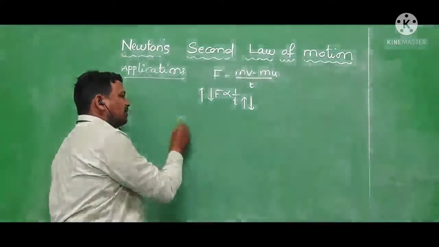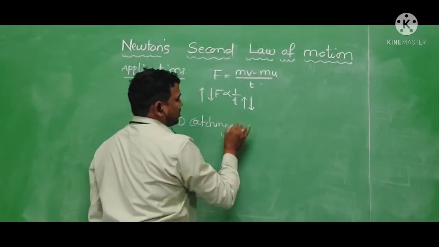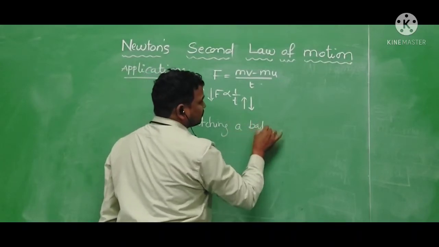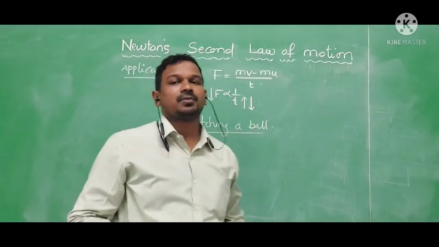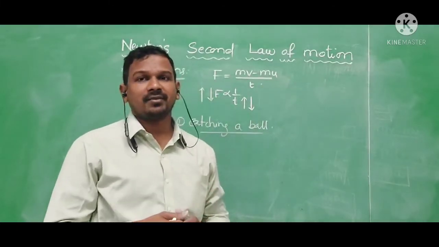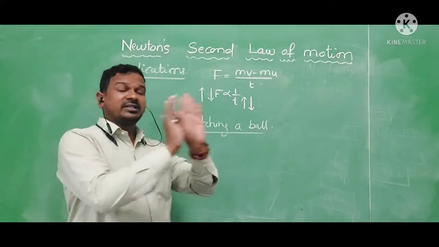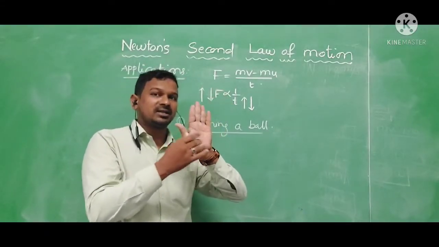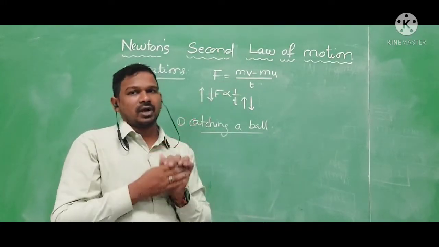Let's see with the help of a ball catching situation. If you are catching a ball that is coming with a higher speed, it has more momentum. If you suddenly change the momentum in less time, what will happen? A large force will be applied on your hand.